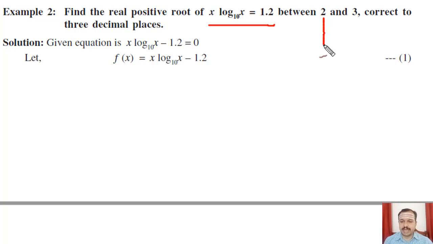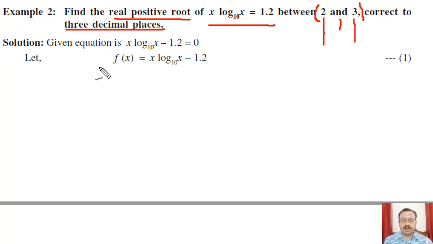So this is a, this is b. The initial interval a comma b has been specified in this problem. We have to find the real root of this equation in this interval correct to 3 decimal places. These are the things we have to observe from the given data.